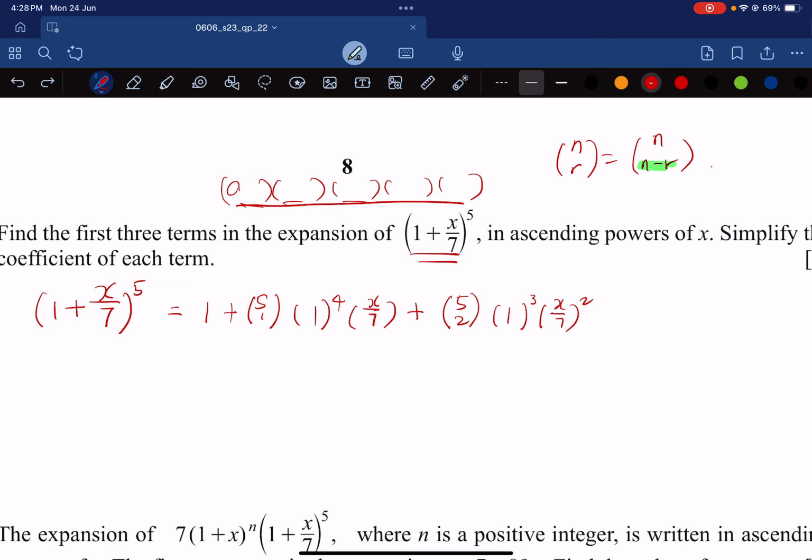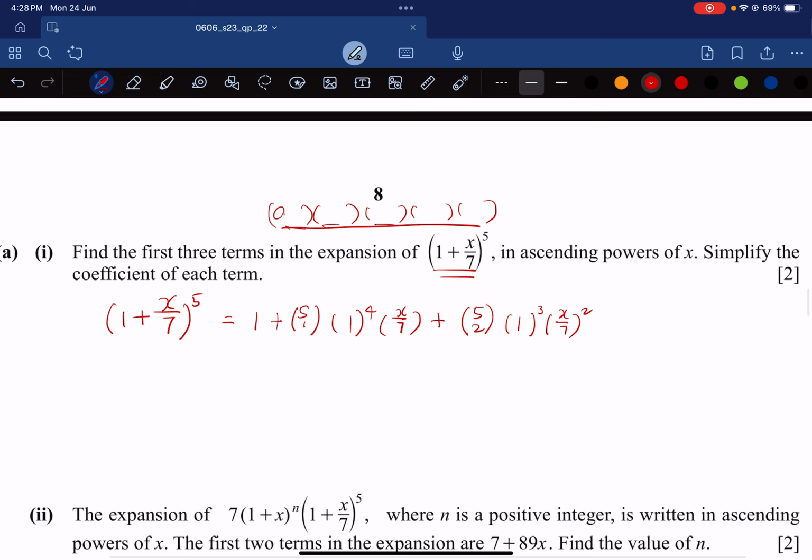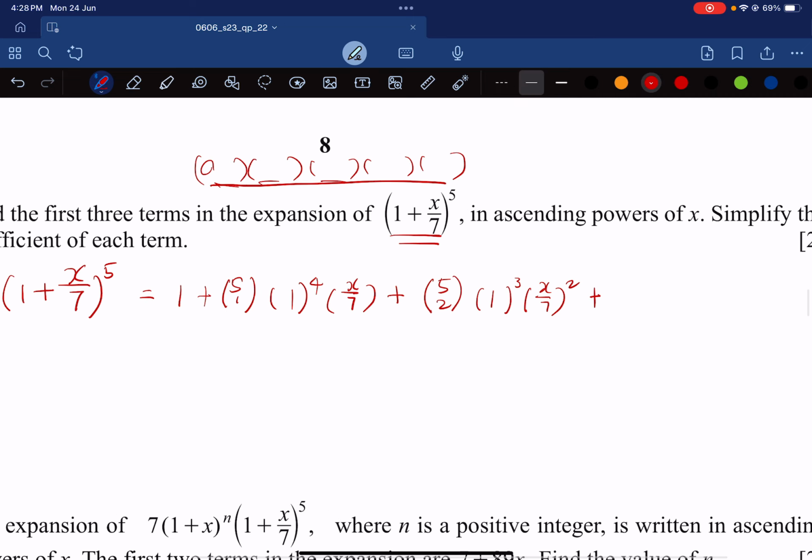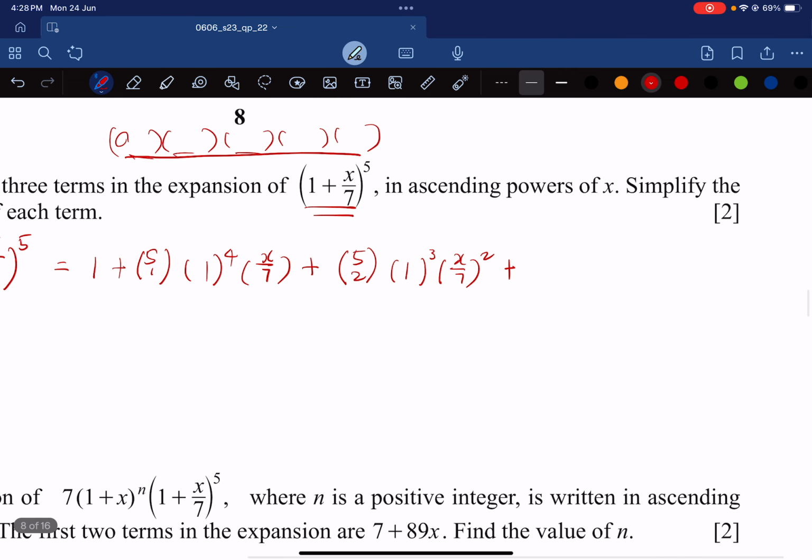This is a one-to-one correspondence. How many ways here is how many ways there. But that's not important. As long as you know how to apply the formulas, that's it. This is just for students who are strong at maths and want to know more about this kind of thing.